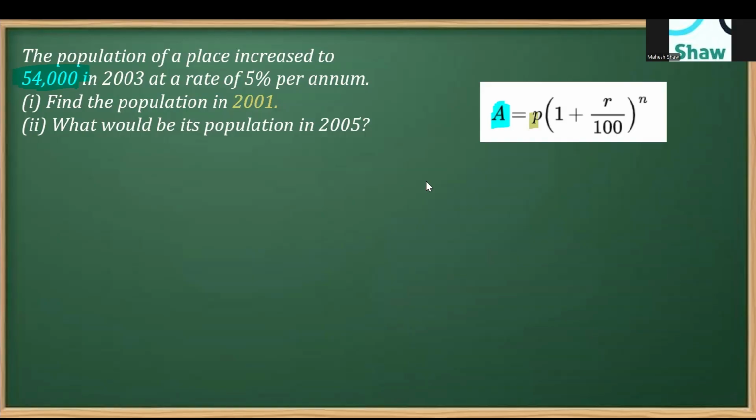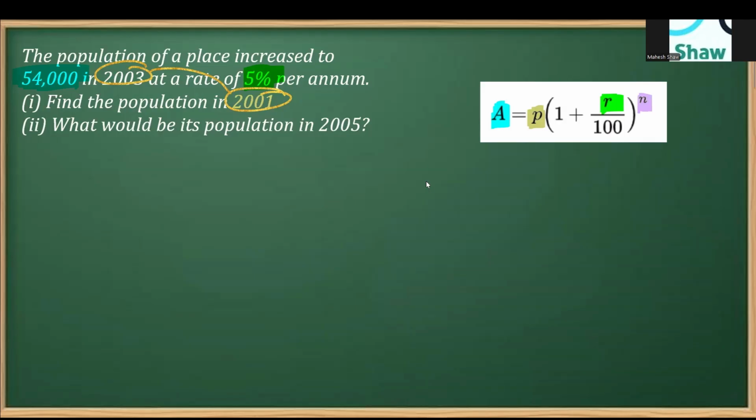That means we'll be calculating P. The rate of interest is 5%. Now you need to see the difference in the time from 2001 to 2003. The time has to be how much? This time will be taken as 2 years.